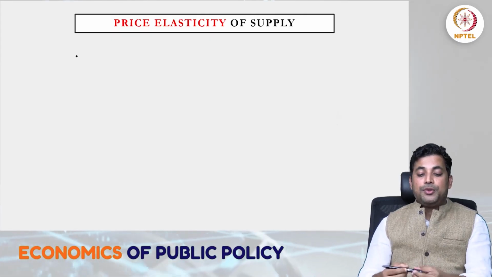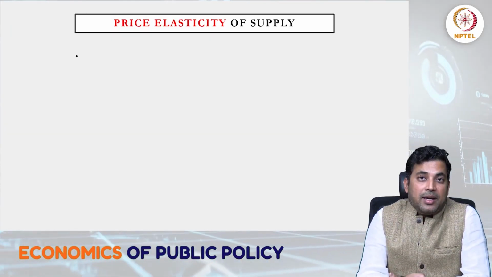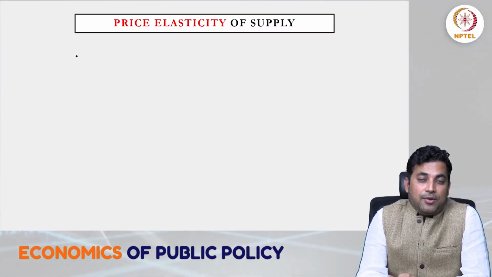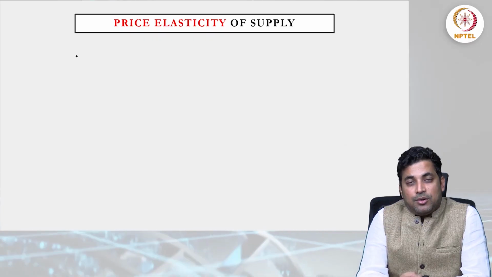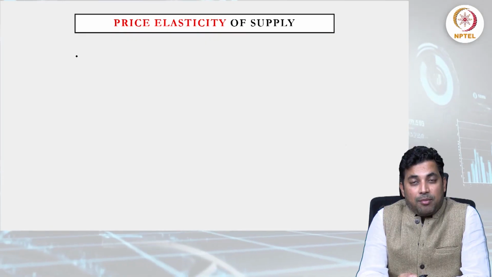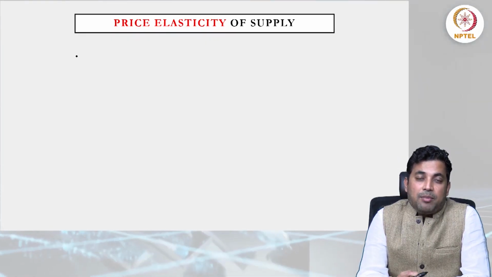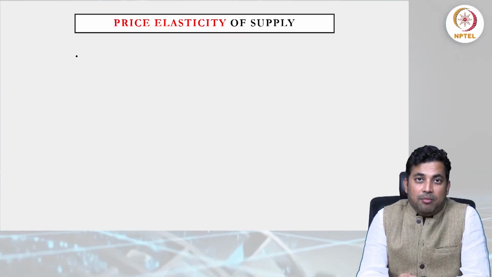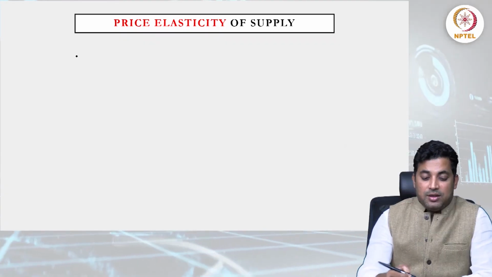So now let's move to the price elasticity of supply. Likewise, the way we did for price elasticity of demand, with the help of elasticity we can also understand how quantity supplied is price sensitive, and how the supply curve changes its shape because of the quantity supplied and price relationship.